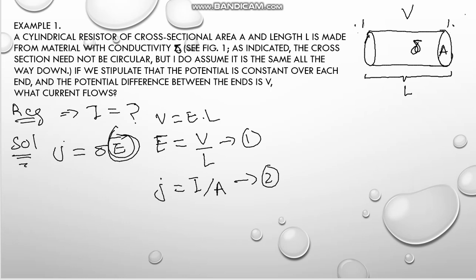This will be I divided by A equals sigma into V divided by L. Now multiply by A on both sides, so the A cancels out, and I is equal to sigma A divided by L, multiplied by V.